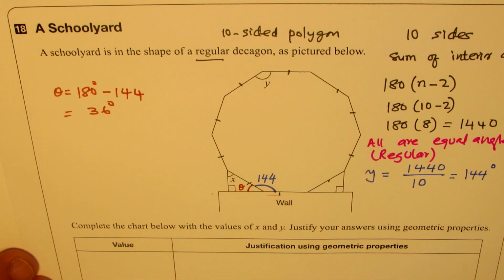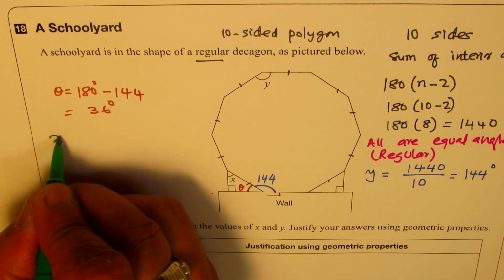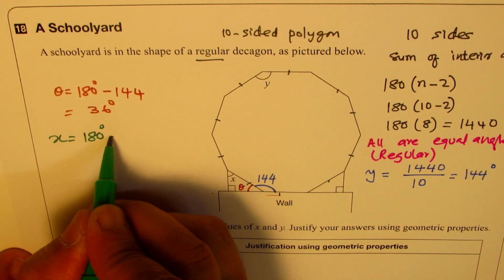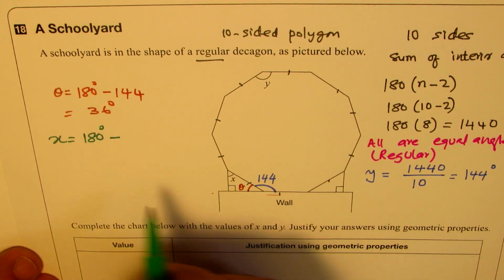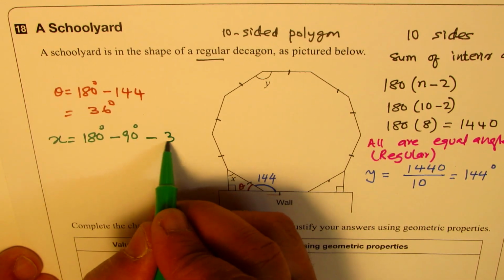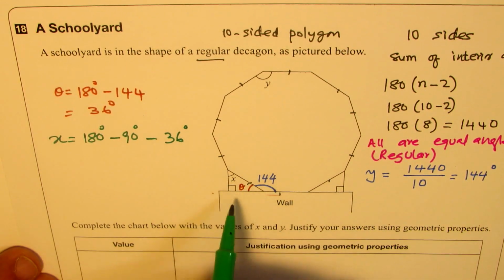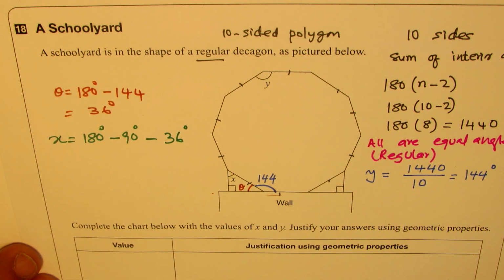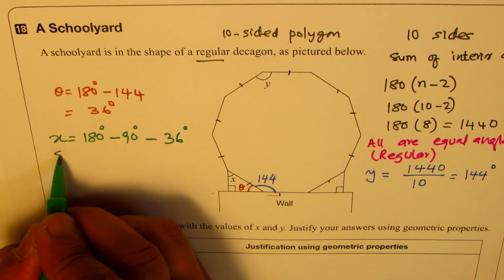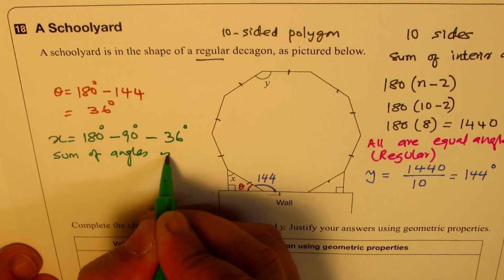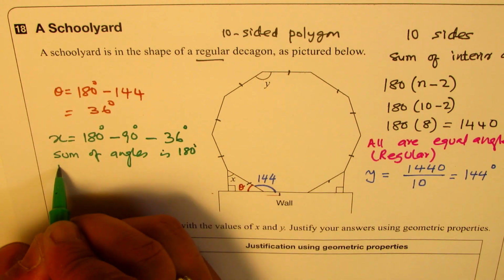Now, what is the angle x which we need to find? Angle x should be 180 degrees minus 90, which is given to us, minus what we found theta as, 36 degrees, since the sum of angles in a triangle is 180 degrees.